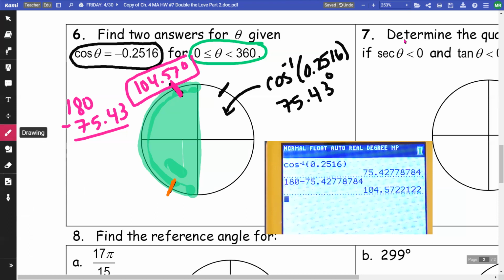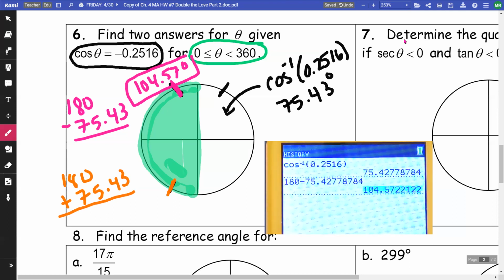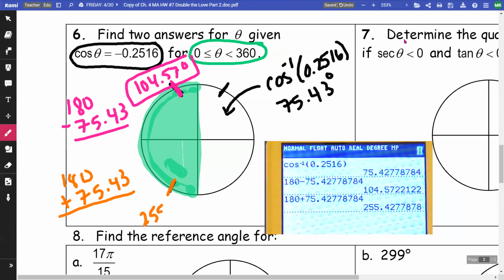That time I'm going to do 180 plus 75.43, because I'm 75.43 degrees beyond. I'm just going to steal this and change this to a plus. And this one ends up being 255.43 degrees. And that's my second angle.